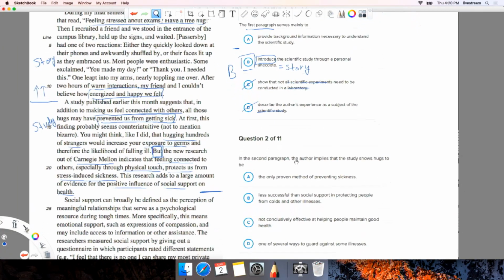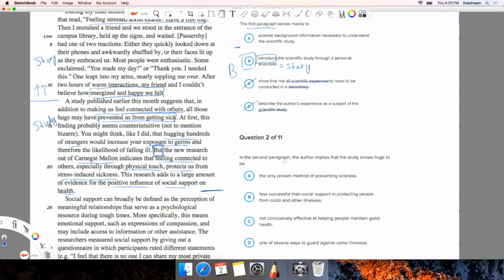So let's take a look. In the second paragraph, the author implies that the study shows hugs to be... So now we're talking about the second paragraph here. I can rephrase this to be: the study shows hugs to be what?